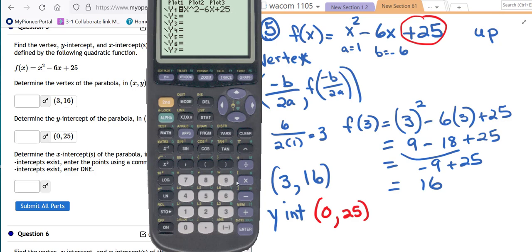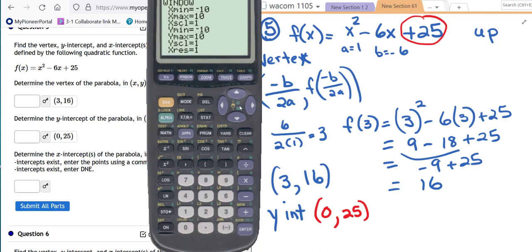I'm not going to see part of it because my vertex is at (3, 16) and my y-intercept is at (0, 25). Wow, I'm not seeing any of it. This is a good place to change a window. It looks like that y needs to be a whole lot higher. Let's change the y value.